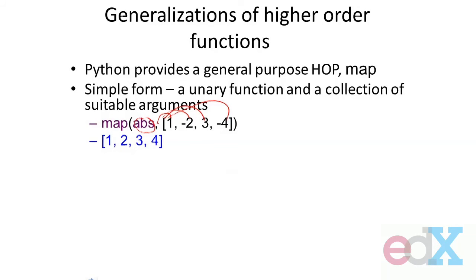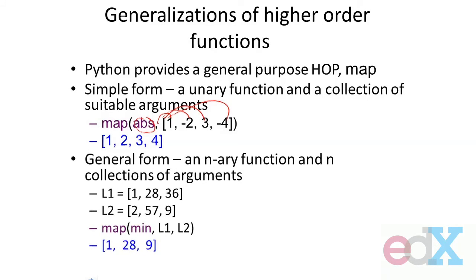However, map is even more general. We can give it an n-ary function, that is a function that takes n arguments, and n collections of arguments. And map will apply this function in turn to the respective elements of those arguments.